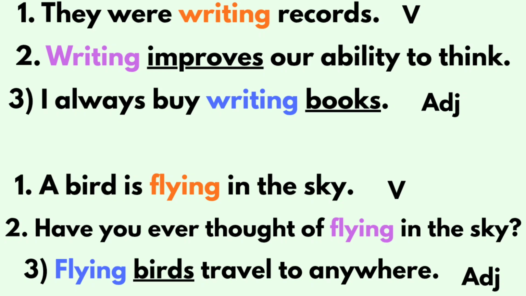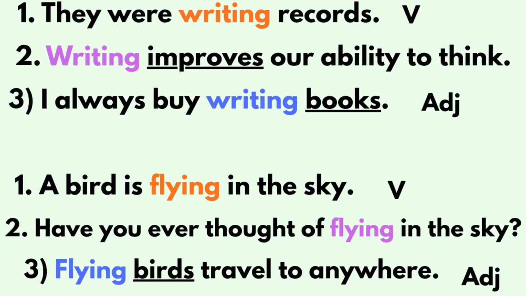In the second sentence, writing is the noun and it is in subject position. Whenever a present participle acts as a noun in the sentence, we always use a singular verb. In the second sentence, writing improves.